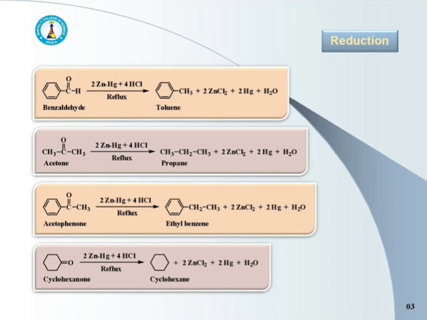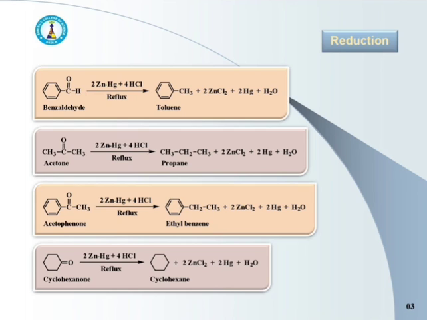Next one is benzaldehyde. On Clemmensen's reduction, it gives toluene.